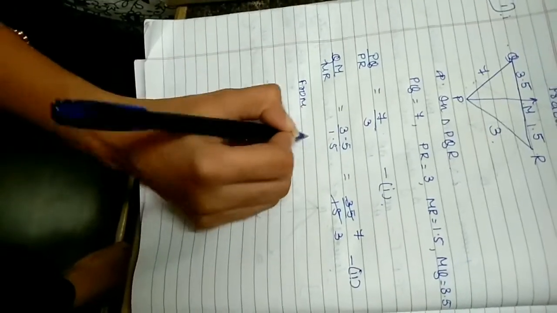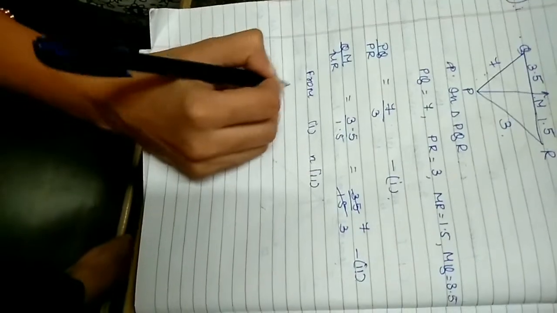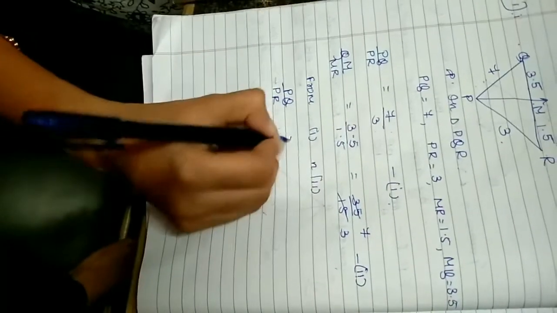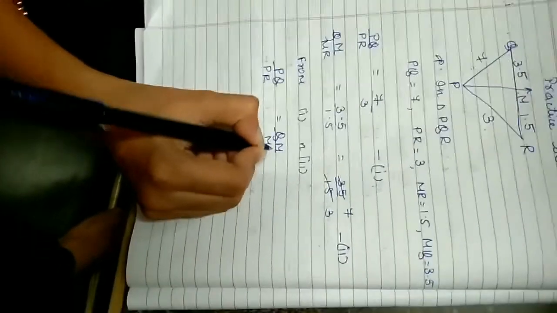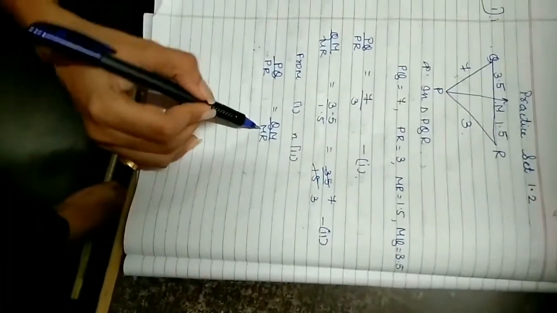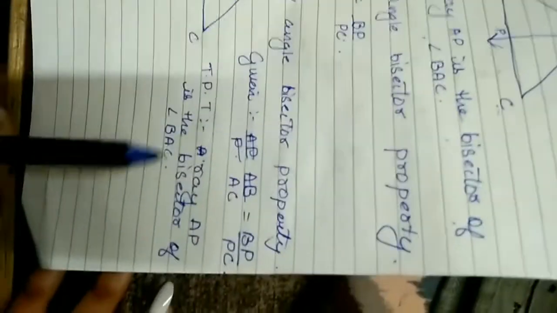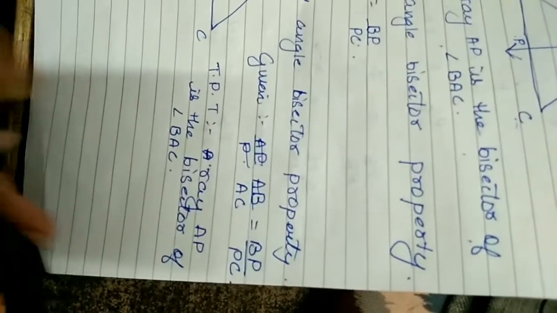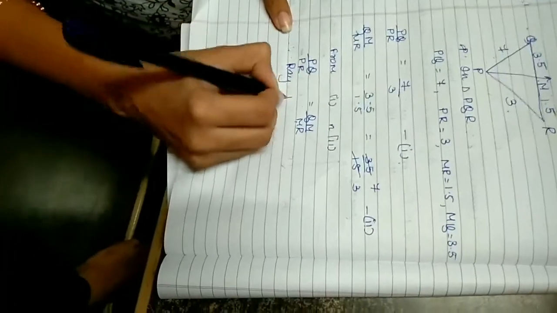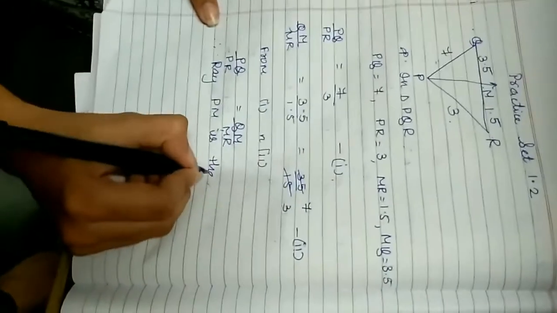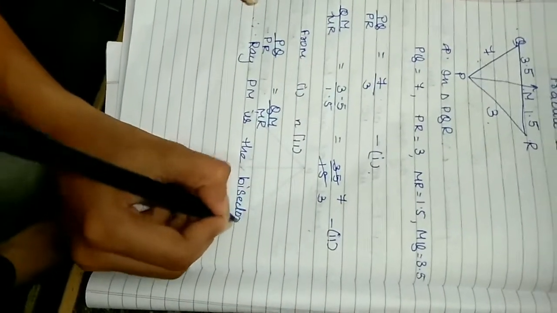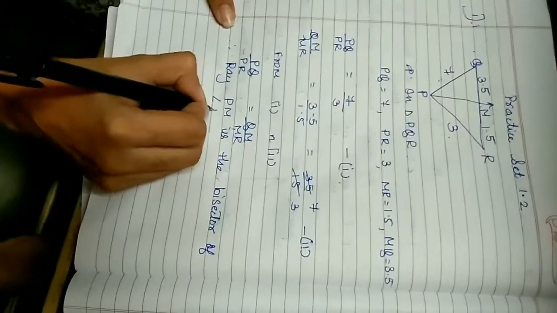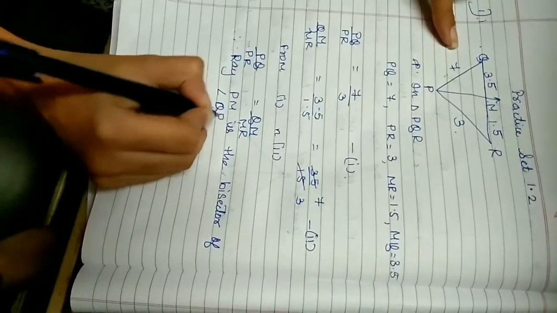From 1 and 2, PQ upon PR is equal to QM upon MR. Therefore, since ratios are same, by converse of angle bisector property, ray PM is the bisector of angle QPR. Similarly, you have to solve second and third sum.